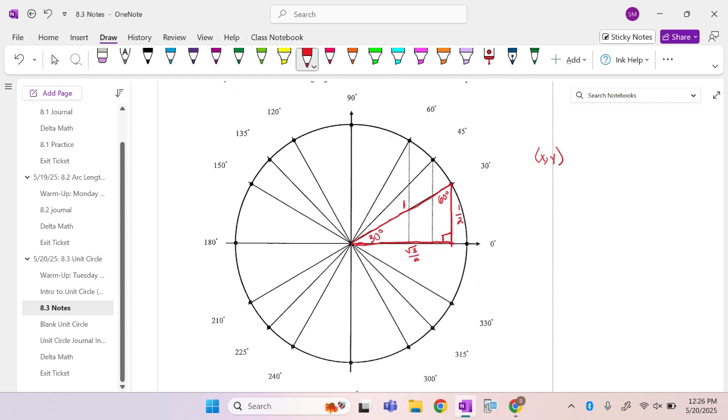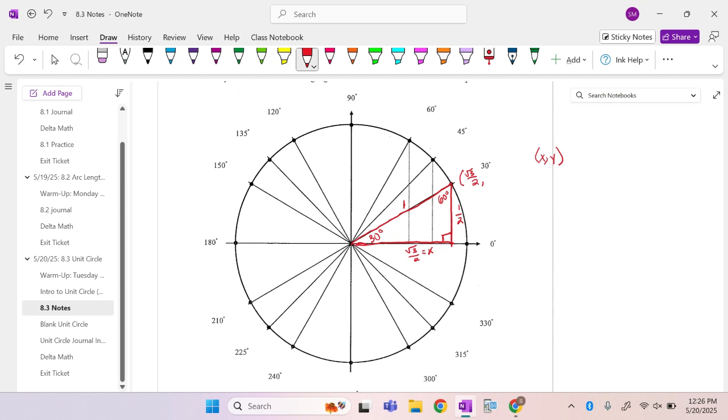Horizontal. So in other words, the horizontal distance. What's my horizontal distance here? So if I'm going from the origin horizontally, what's this length here? Square root 3/2. Thus, my x value of this point is square root of 3/2, because that is my horizontal distance. So this is equal to x.